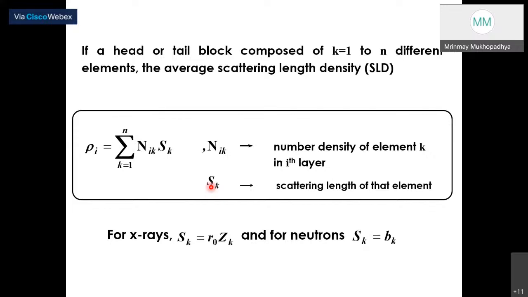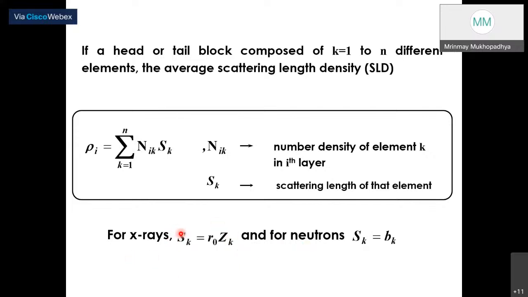We did the neutron reflectivity measurement as well as the X-ray reflectivity measurement of the same sample. The advantage is that because it is the same sample, in one case the scattering length of the element is multiplied to give you neutron reflectivity, and in the other case the electron density multiplied with r0 gives you the X-ray reflectivity.